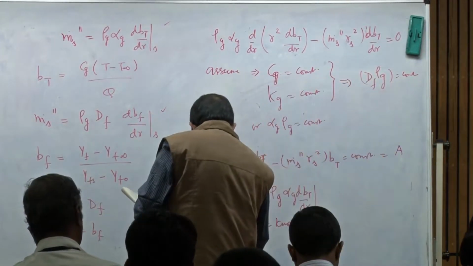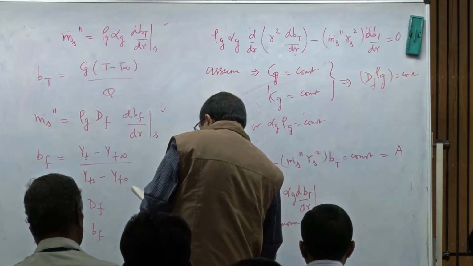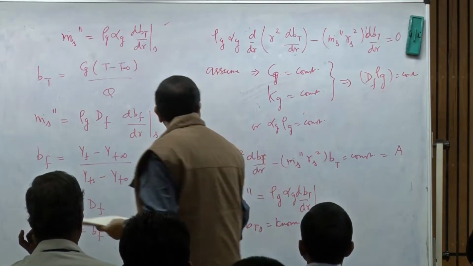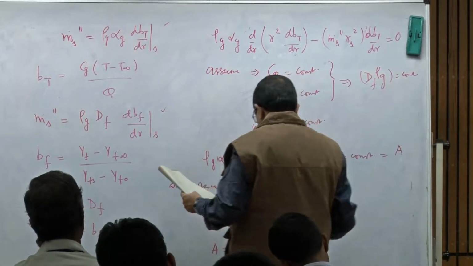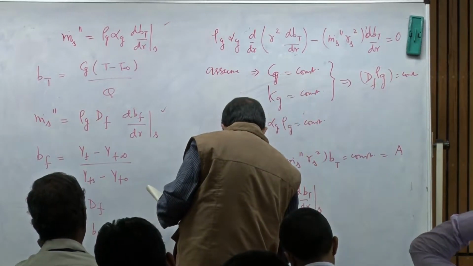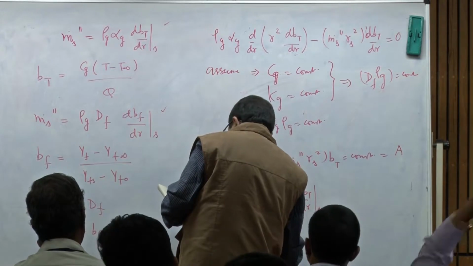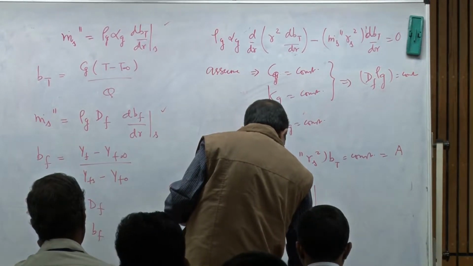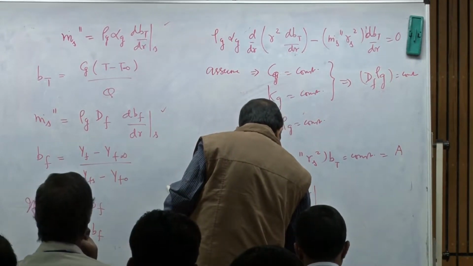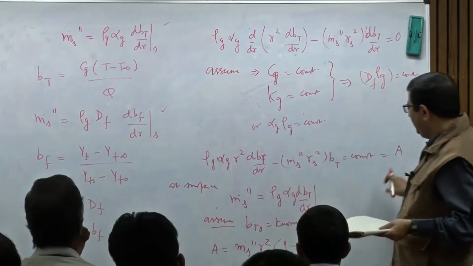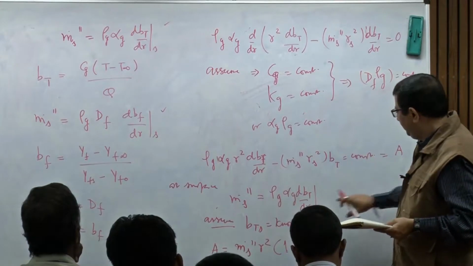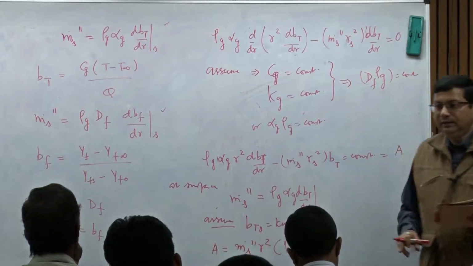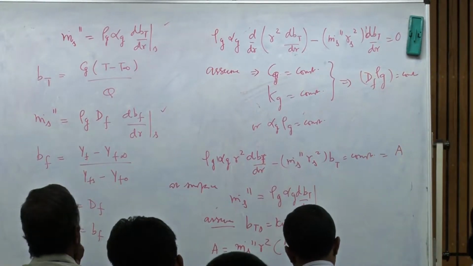Therefore, A is equal to, sorry, just a second. You can just put r equal to r s in this expression and solve for it, you will get the value of A.